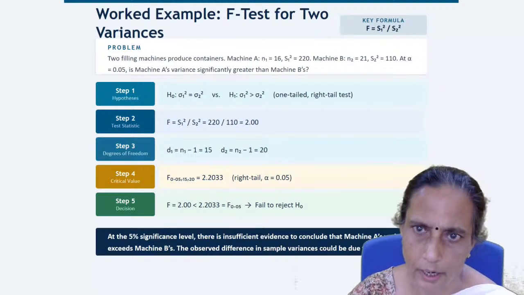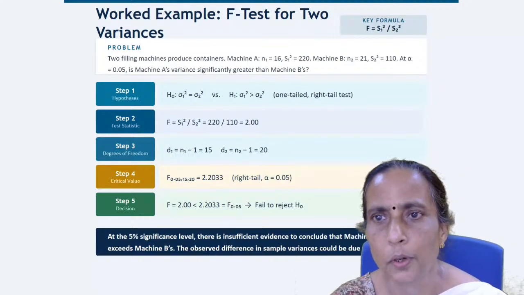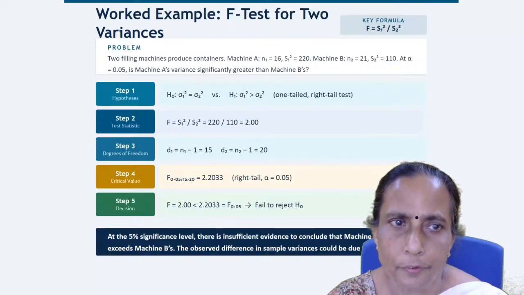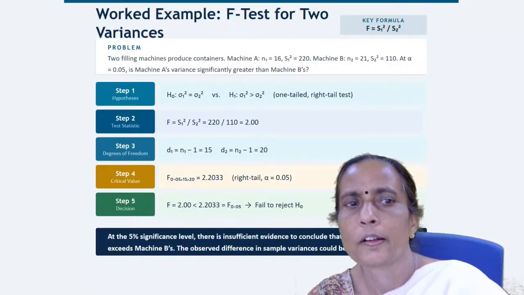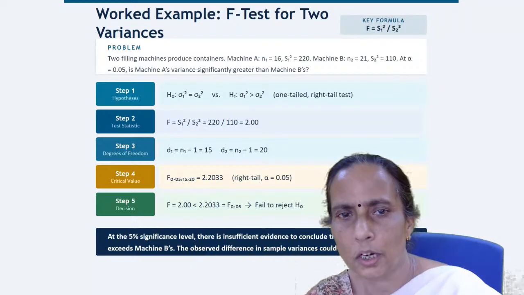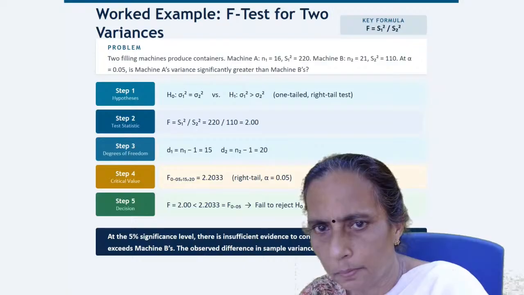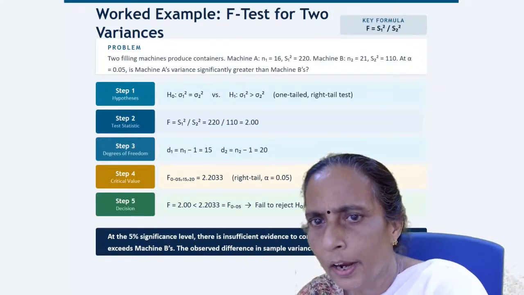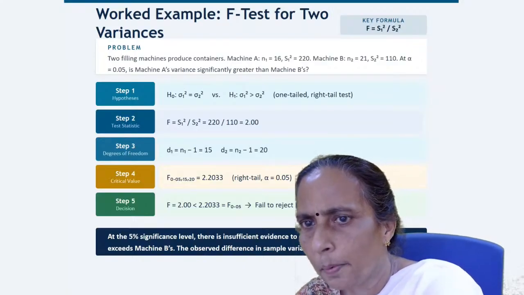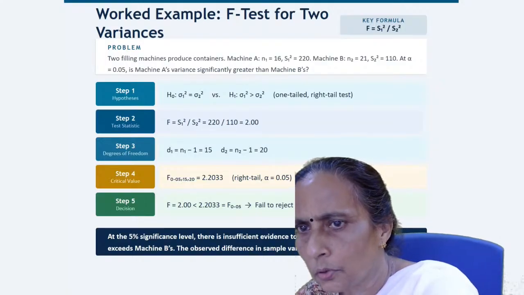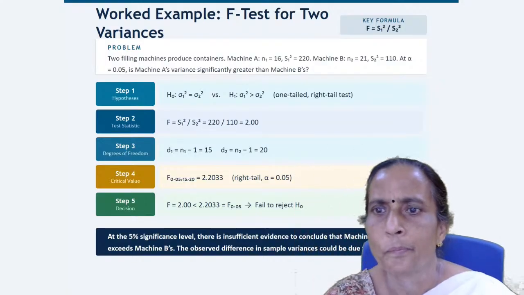Again over here, suppose we are taking an F test for two variances. Two filling machines produce containers. Machine A has sample size n1 equal to 16 and variance 220, and machine B has sample size 21 and its variance.